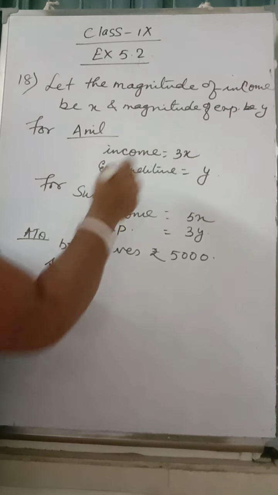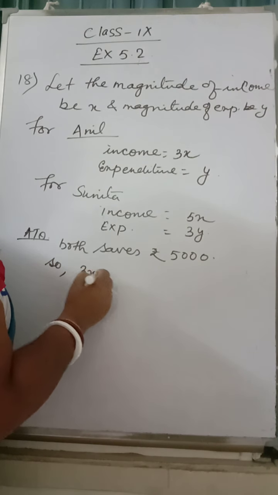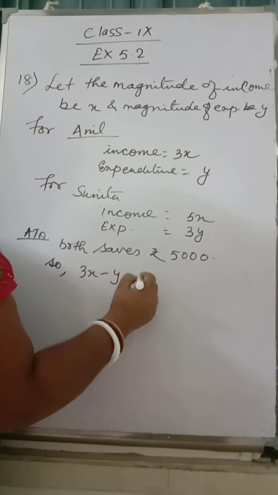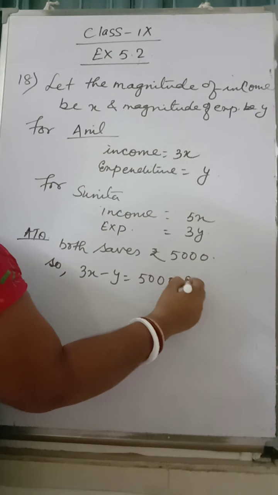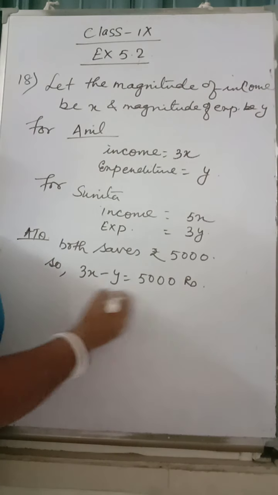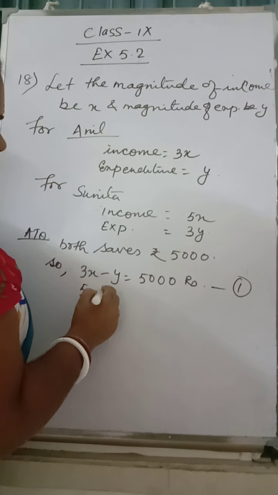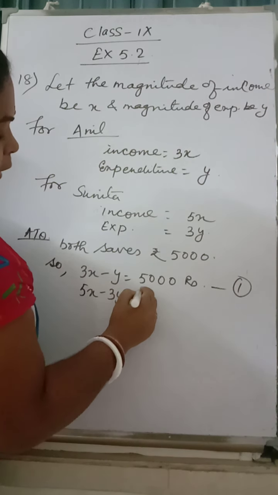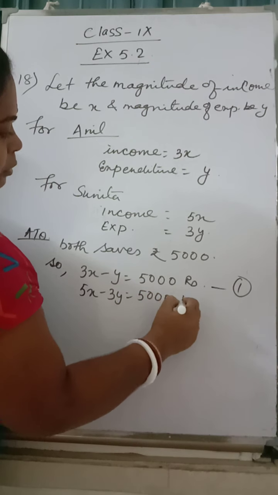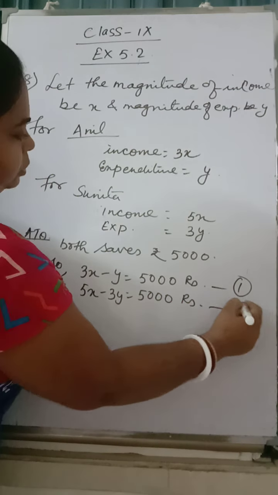So we can write, for Anil, 3x he was earning, y rupees he was spending, and he was saving 5,000 rupees. This is equation number 1. For Sunita, she was earning 5x and she was spending 3y and she was also saving 5,000 rupees. This is equation number 2.